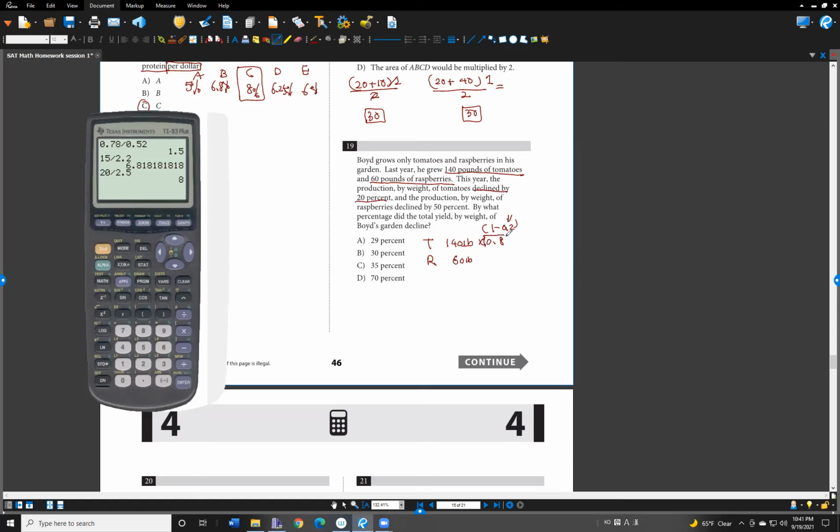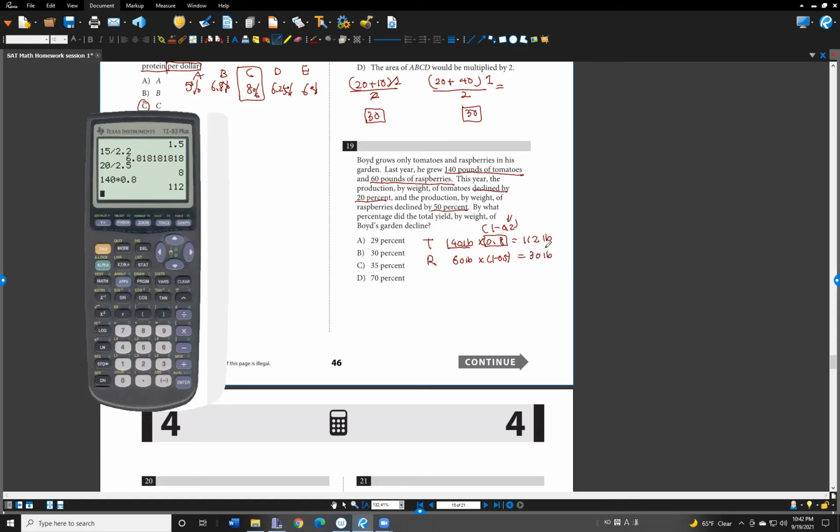So we multiply 0.8, that is the result. So it's 112 pounds. 0.8 times 140 is 112 pounds. Okay, that's right. The next one is, the raspberries declined 50%, right? So half, 1 minus 0.5, so 0.5 times 60, that is what? How much? 30, right?